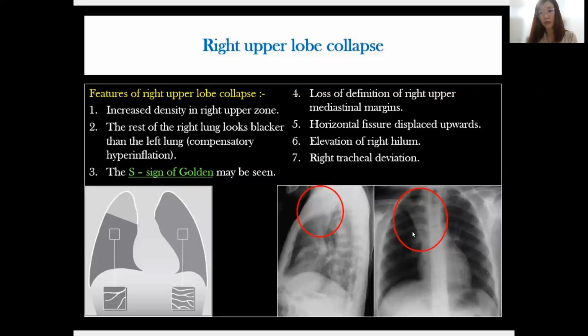There are associated features of elevation of the right hilum always. Remember this. So always interpret there's opacity here on AP view, and then the Golden S sign here, and then associated with elevation of the right hilum. Of course, when there's upper lobe collapse, there's also tracheal deviation to the right side.